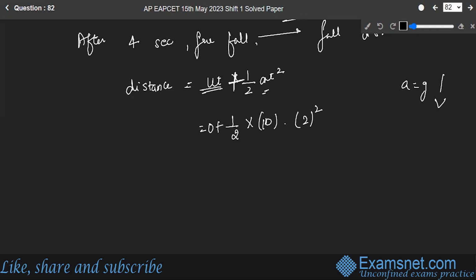Initially, when it starts to fall freely, the initial velocity is equal to 0, so ut becomes 0. Half into a, and now a is equal to g, not negative g, because it is falling freely. And why is t equal to 2? See, the time is equal to 6 seconds in the question.